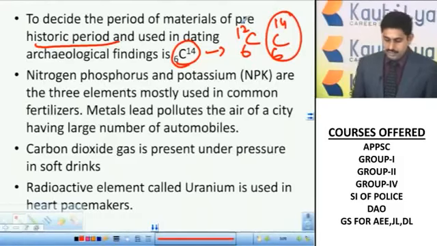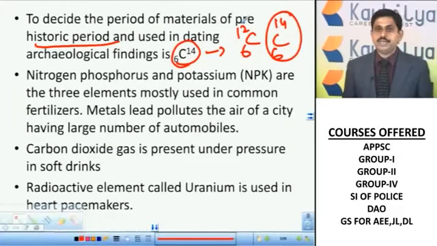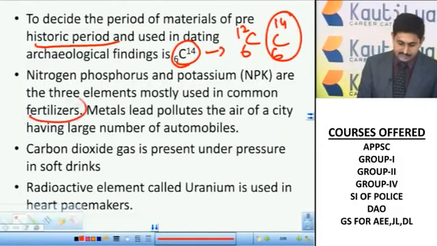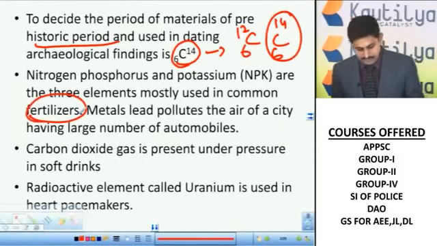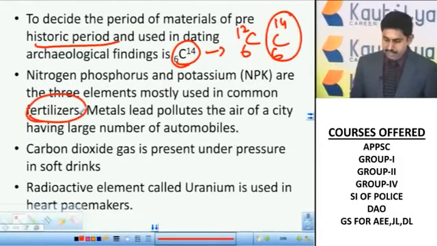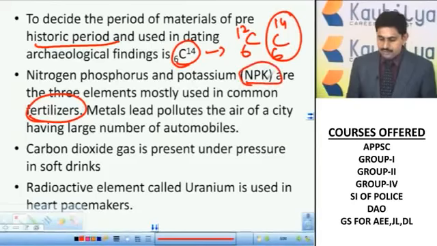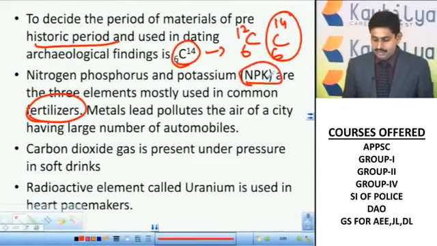Okay, the next one: nitrogen, phosphorus and potassium. These are very rich elements commonly used in the preparation of most fertilizers, known as NPK. We find nitrogen, potassium and phosphorus in general fertilizers.